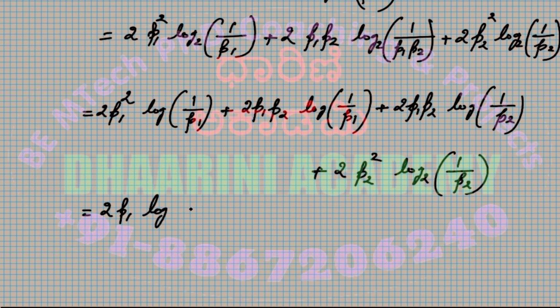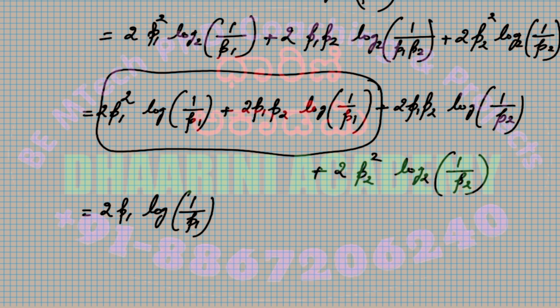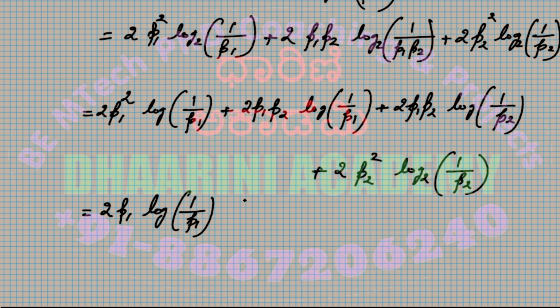This is what I'm trying to take out from the first two terms. So what remains here, first term gives me a p1. Second term, 2p1 log p1 has been moved out. It's a common term, so I'm left with p2.